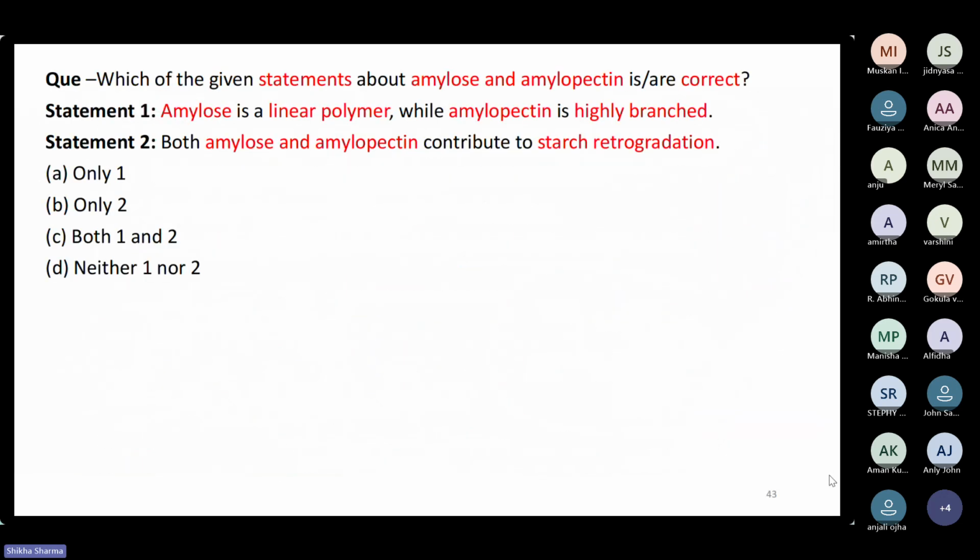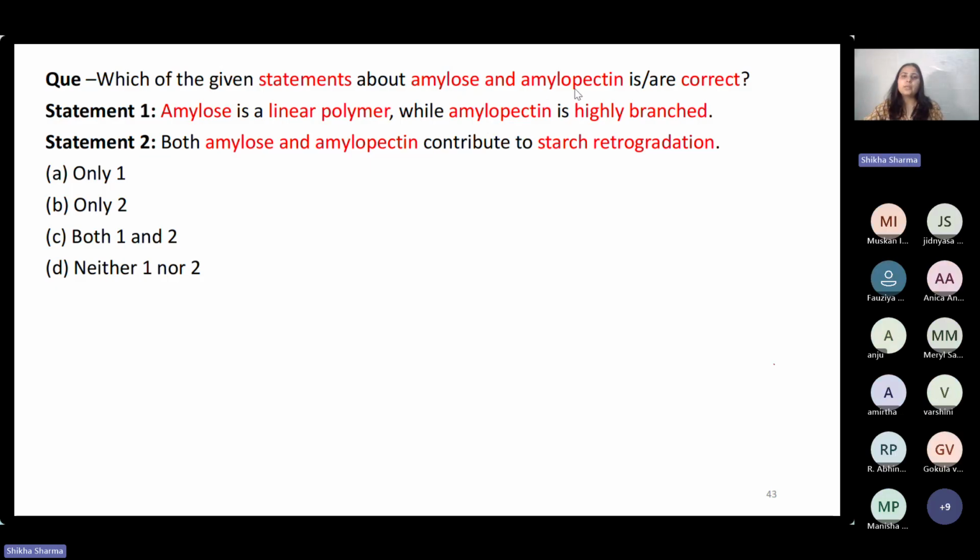Okay, this question is very related and very simple. Which of the following statements about amylose and amylopectin are correct? Statement 1 says amylose is a linear polymer while amylopectin is a highly branched one. Statement 2 says both amylose and amylopectin contribute to starch retrogradation.